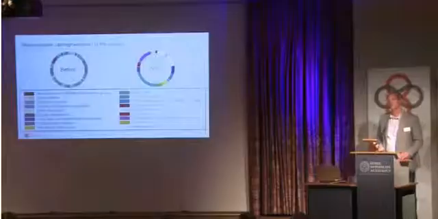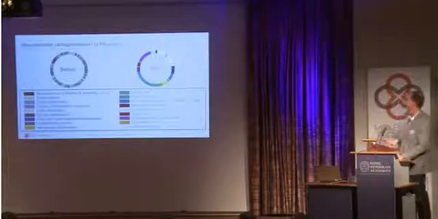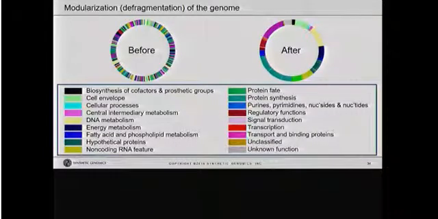Another one of our long-standing goals is to group all the genes on the minimal genome by biological function. We refer to this as either modularization, or, to use a computer analogy, to defragment the genome. So you can imagine grouping by biological process.